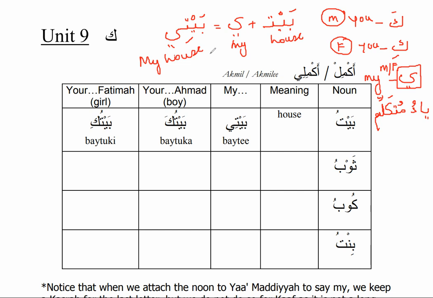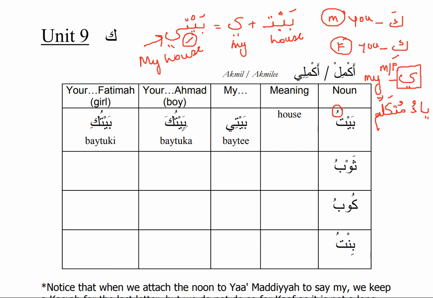But now you see here it's a dhamma, right? And when you attach the ya mutakallim, that dhamma changes to kasra. Why? Because of phonetic reasons: the long vowel ya attaching to the letter ta forces the previous letter to take a kasra because of the sound. So here it becomes baiti.